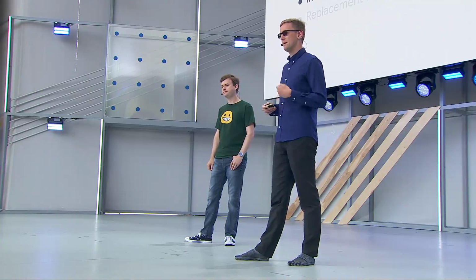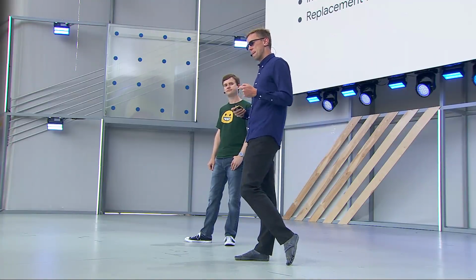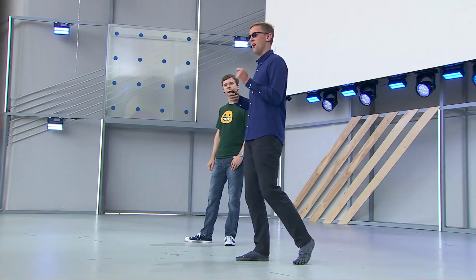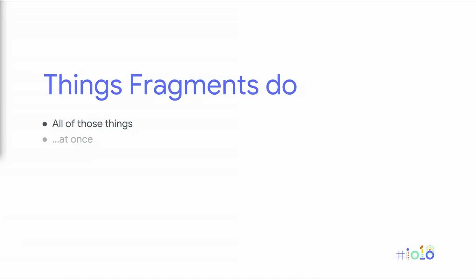But the biggest issue we found is that all these fragments do all of these things at once, whether you want them to or not. And most of the time, you're only actually using one or two of these things and not the full 16 things that fragments do that you get as a bundle deal.